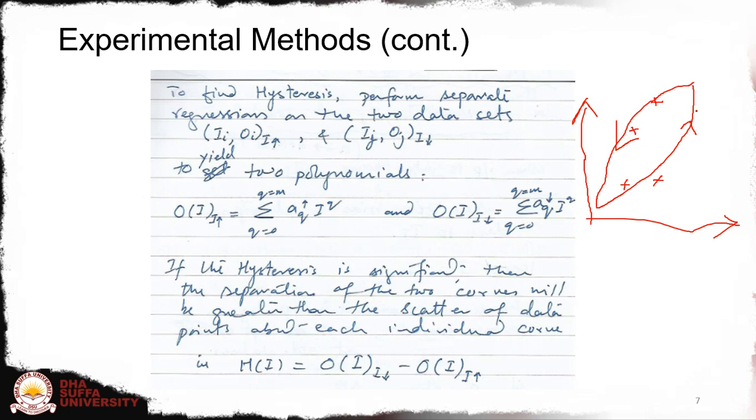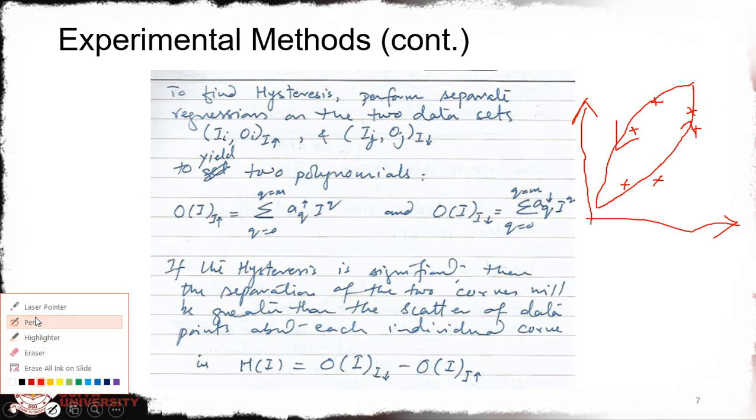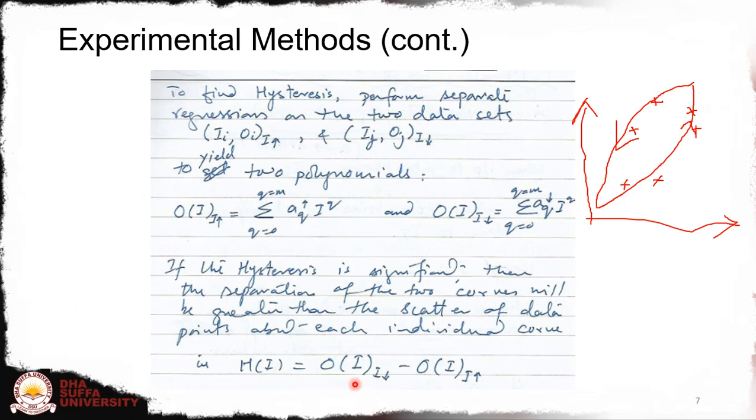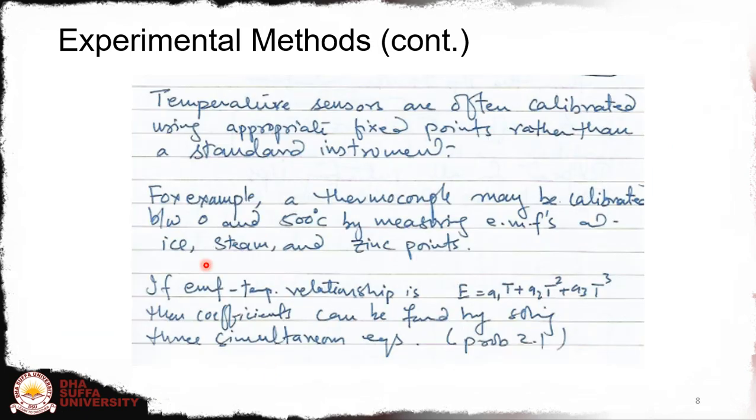Okay, so these will be the data points used. If hysteresis is significant, then the separation of the two curves will be greater than the scatter of the data points about each individual curve. Okay, and this is how we will calculate. We subtract these two and we will have the hysteresis equation.